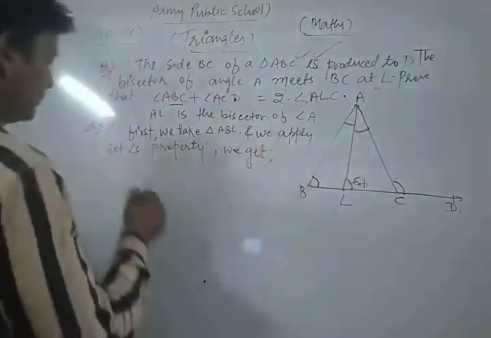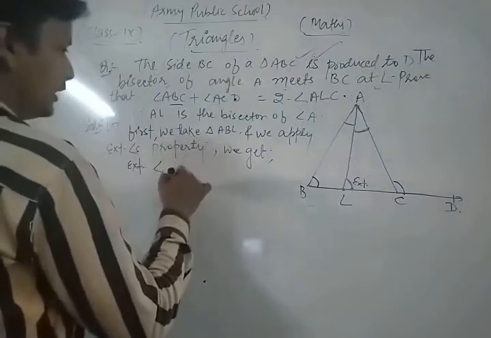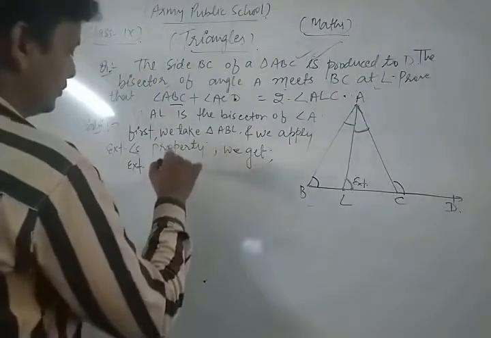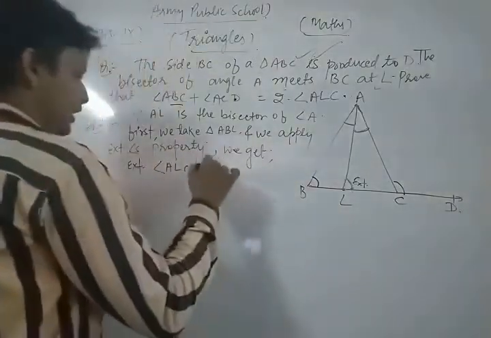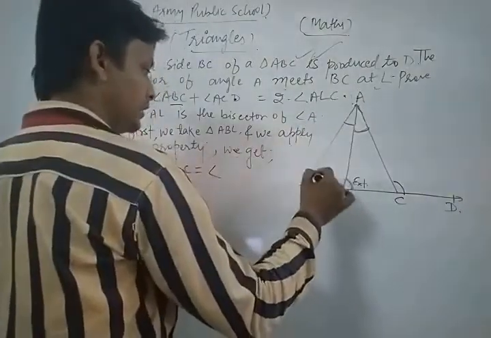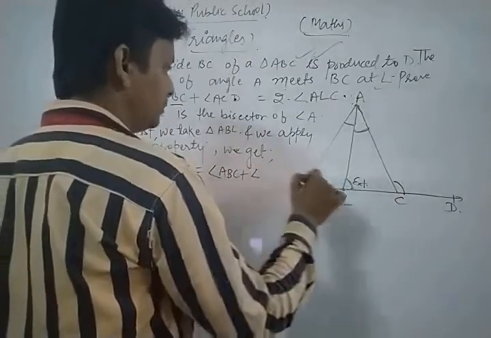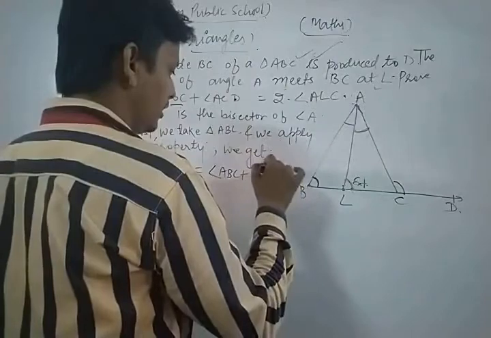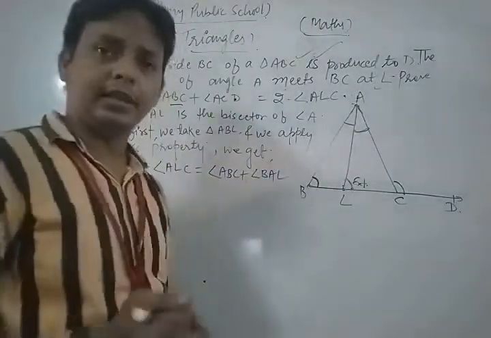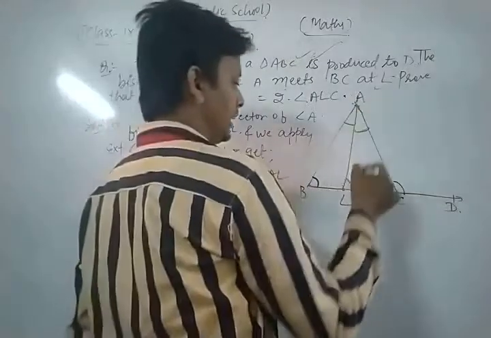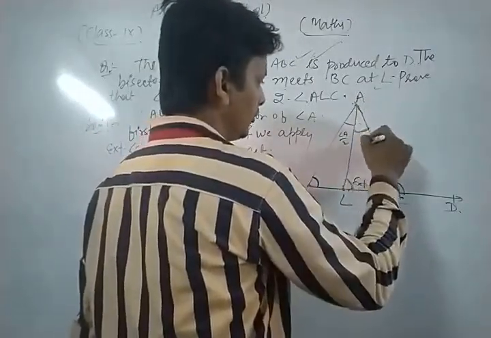So we get exterior angle ALC is equal to angle ABC plus angle BAL. Now look, dear students, angle BAL is equal to half of angle A, that is A by 2.